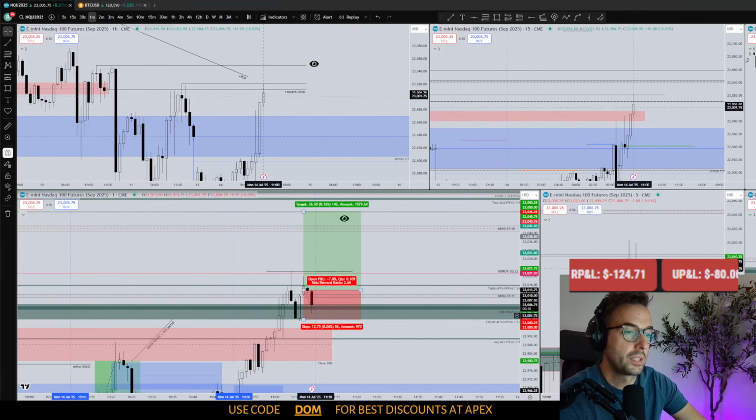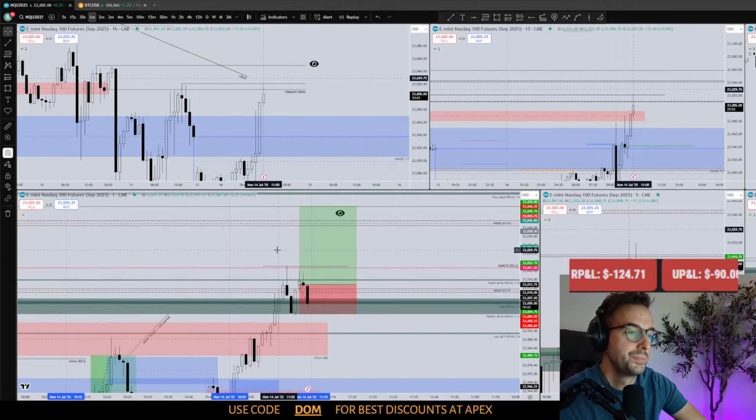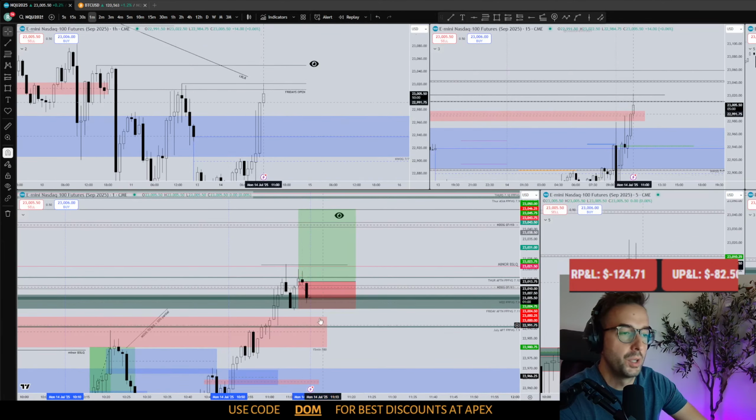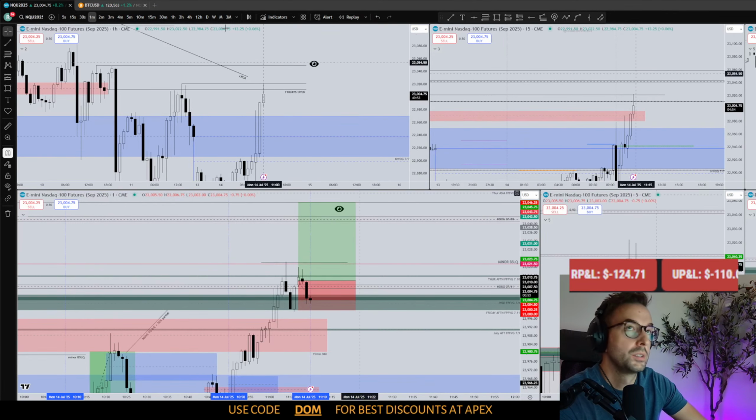Good rejection on the 15-second chart off of this level right here. You just want to see it not break and continue to push higher here. We have relative equal highs above us on the 1 minute. If anything, it's going to push lower and then push higher, but there's a chance that it's going to push higher from here. So far, the 15 seconds is doing work here.